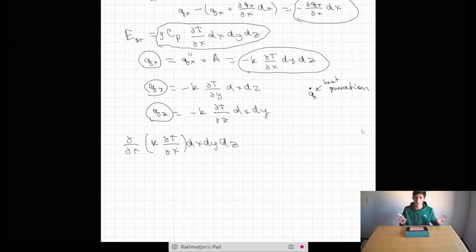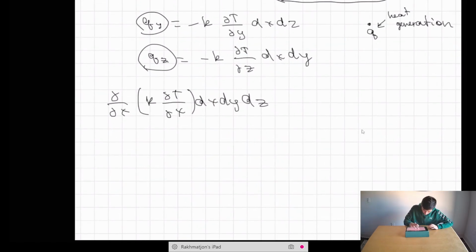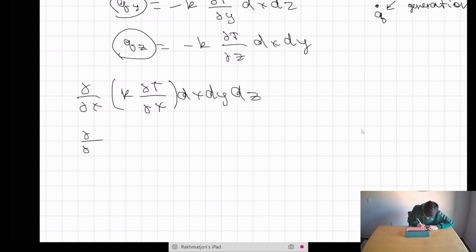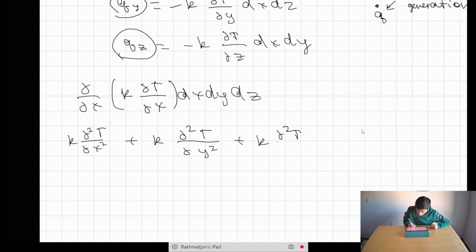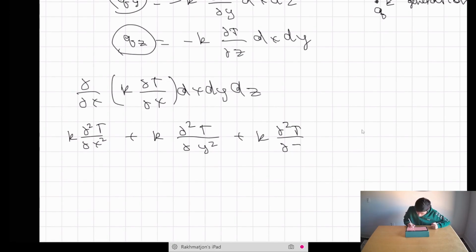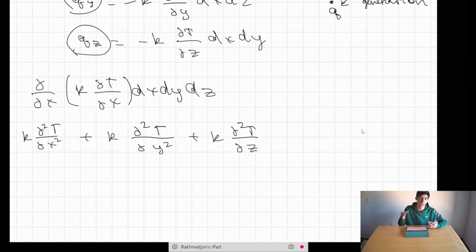So if I divide both sides by dx times dy times dz, I'm going to have the second derivative of temperature with respect to x, times k, plus k times the second derivative of temperature with respect to y, plus the second derivative of temperature with respect to z, and we can also consider the heat generation inside, right?